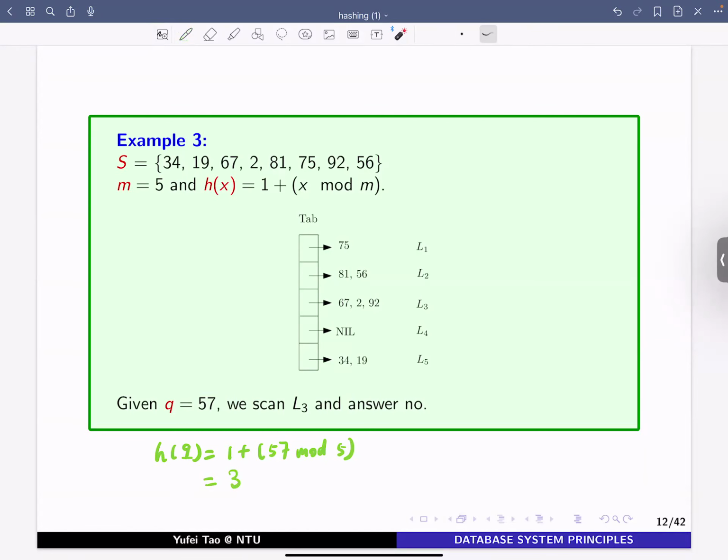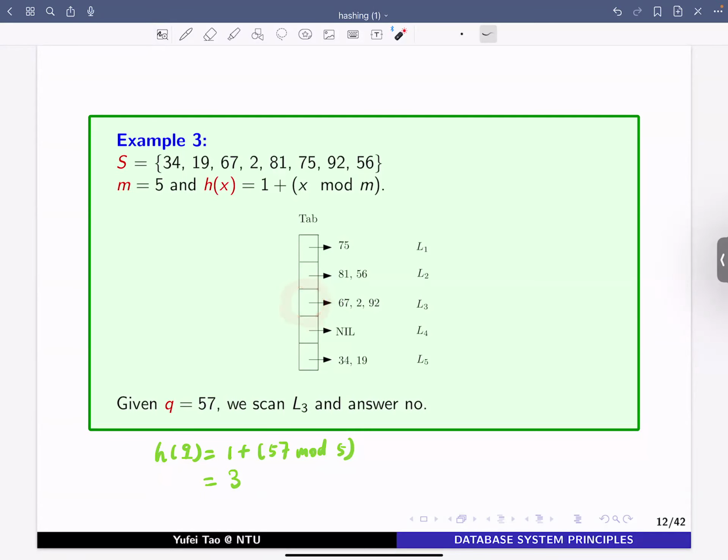So the reasoning is, if 57 was indeed in the set, then it will have to be inside bucket L3. All right. So let's just scan the file of L3. But hey, you have to know the address of the file first, don't you? So that's why you want to go and access this particular cell. Okay, so this is the place where the address is stored.